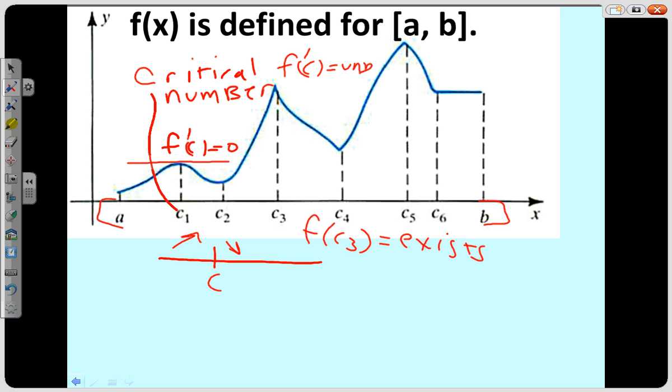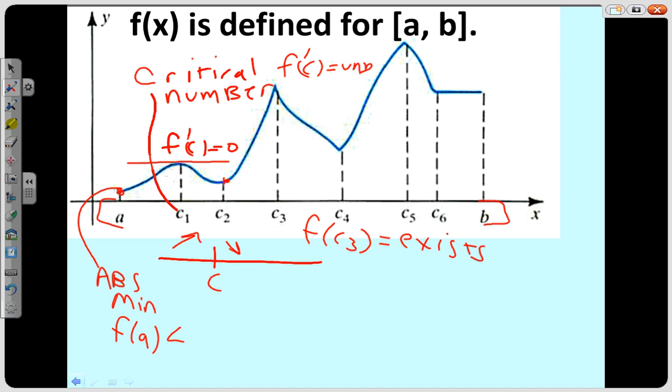Big, big point. Because it goes to a cusp, or a vertical tangent line. This one right here is known as a local minimum. This one right here is known as the absolute minimum. The function value at A is less than all the other function values in the interval.